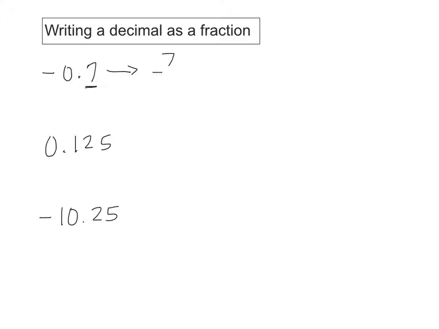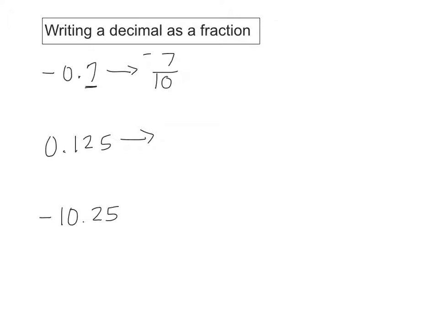You can also think of it as a 1 with one 0 because there's one number. This is already a simplified fraction, so our fraction form would be just negative 7/10.